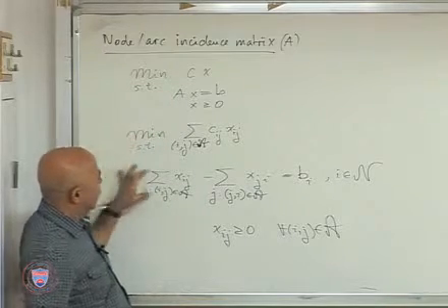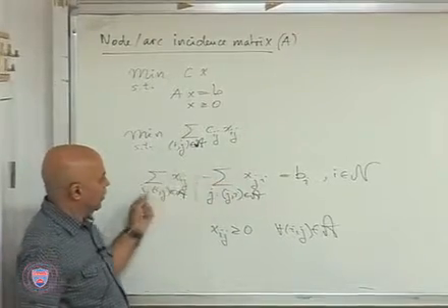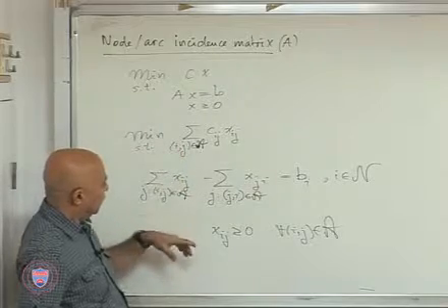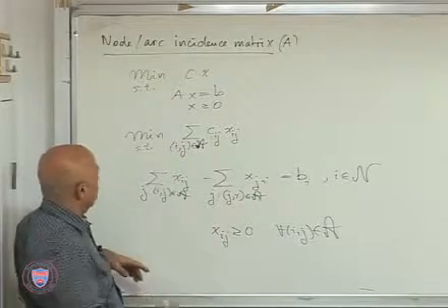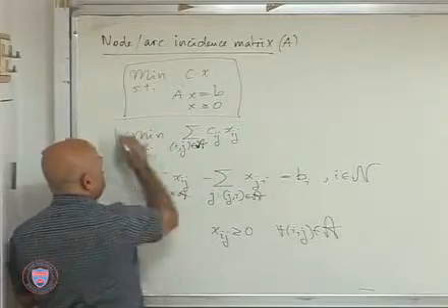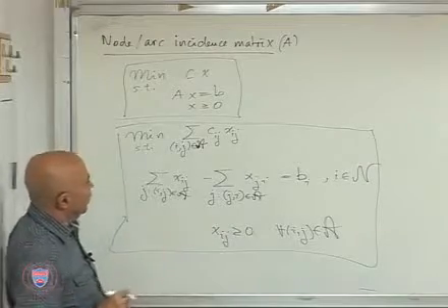A refers to the matrix you see on the left side of the flow conservation equations. And we're going to focus on that here. And this is it. So this is the compact form of what you see in open form here.